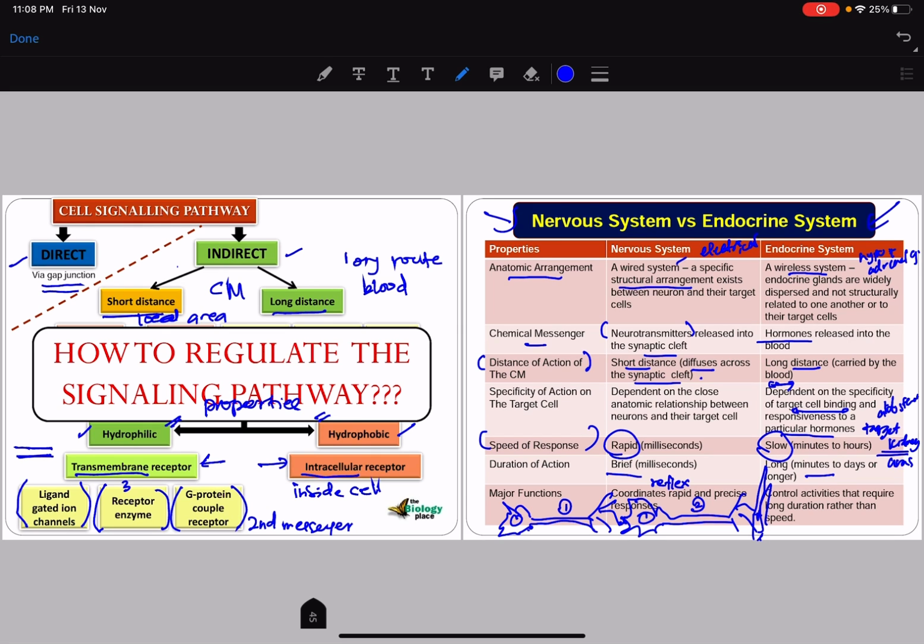The major function of the endocrine system is to control activities that require long duration, meaning maintaining. For example, you eat your meal, right?